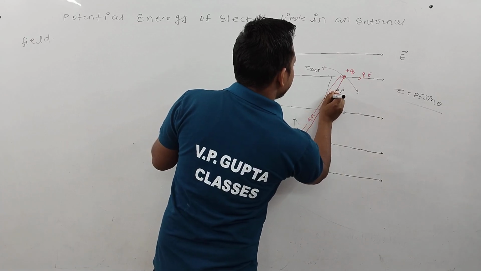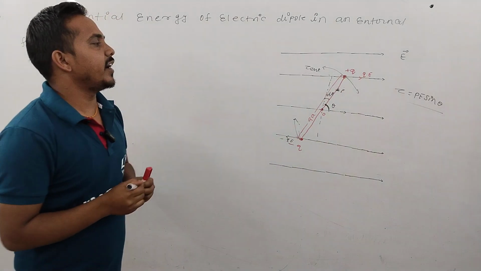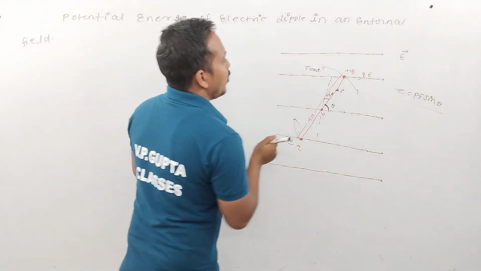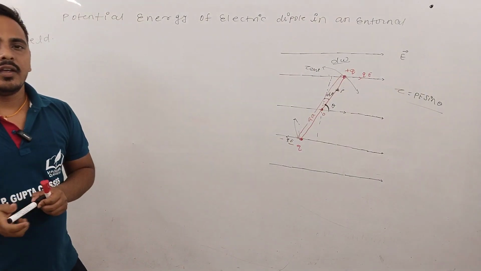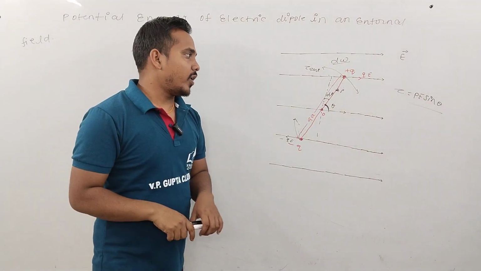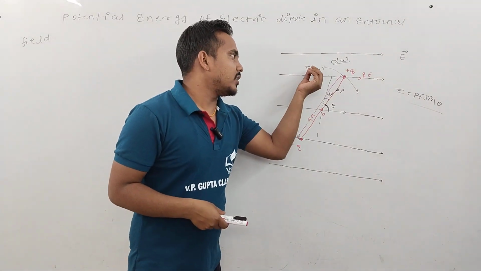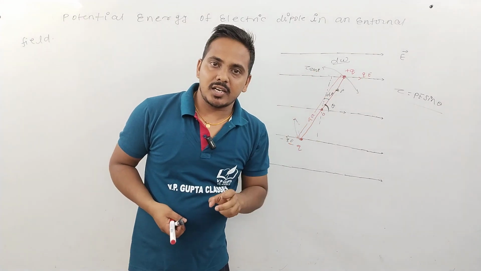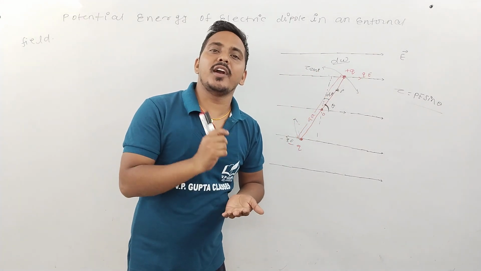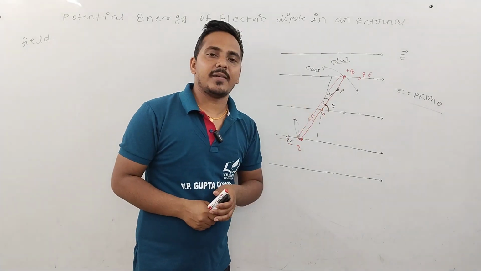That is, dW is the work done by applying tau ext, which displaces the dipole through the angular displacement d theta.